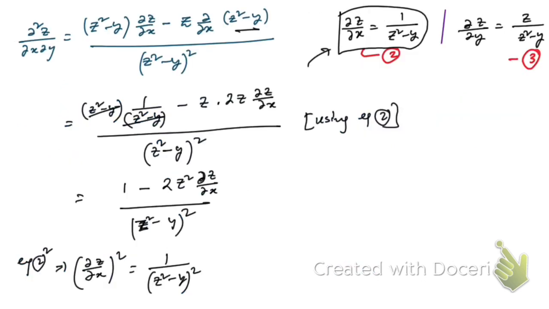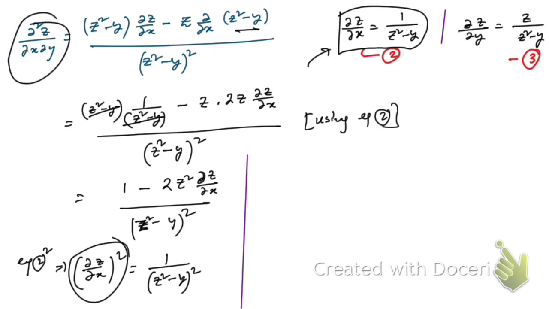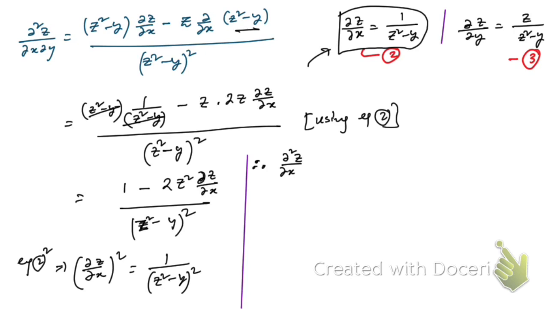So first, let us add this one and this one. Then what we're gonna get, therefore, del 2z by del x del y plus (del z by del x) whole square.